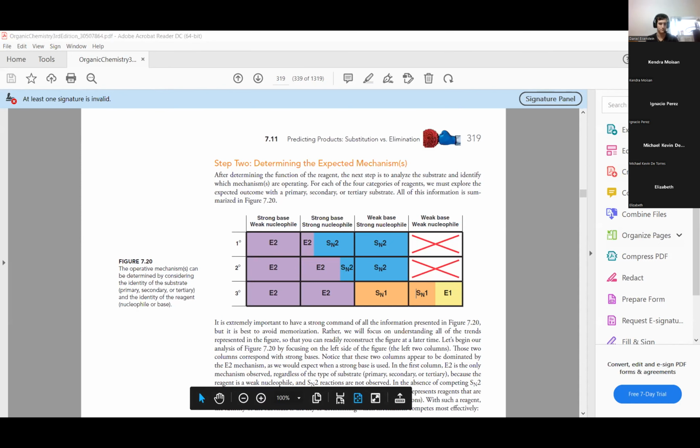Let's do A. So what do you guys think it'll be? Will it be E1 or E2? You guys can't see that. Give me 1 second.